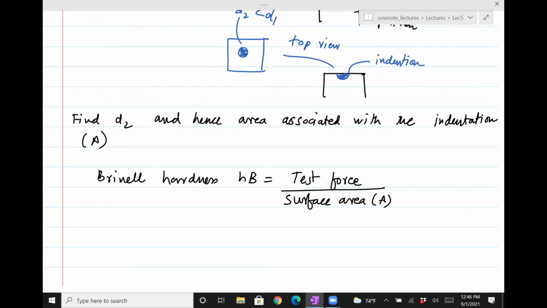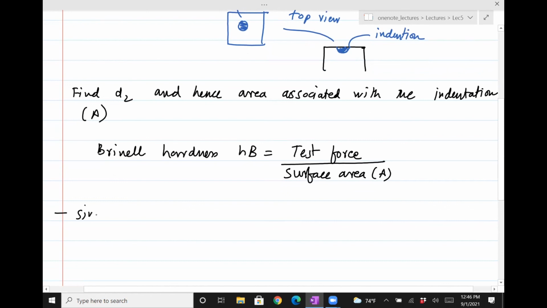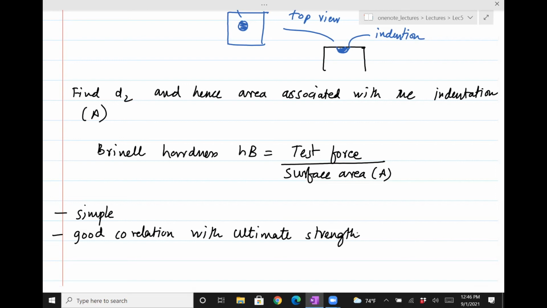Now, the good thing about this one is I think it's simple. It has a good correlation with ultimate strength. And that's not surprising, because that has actually units of force per meter square, right?